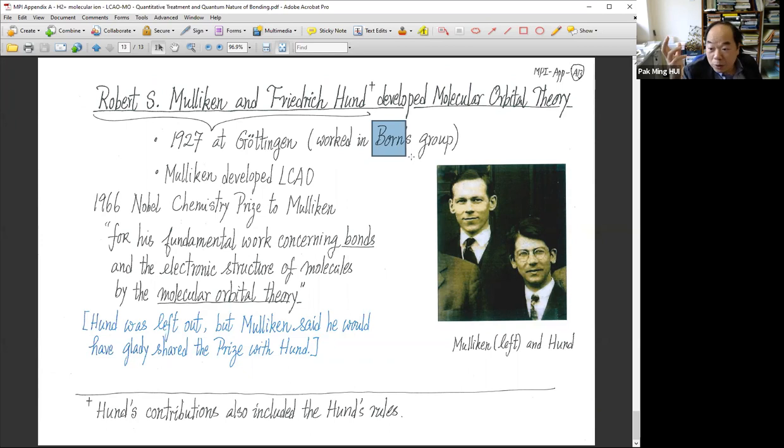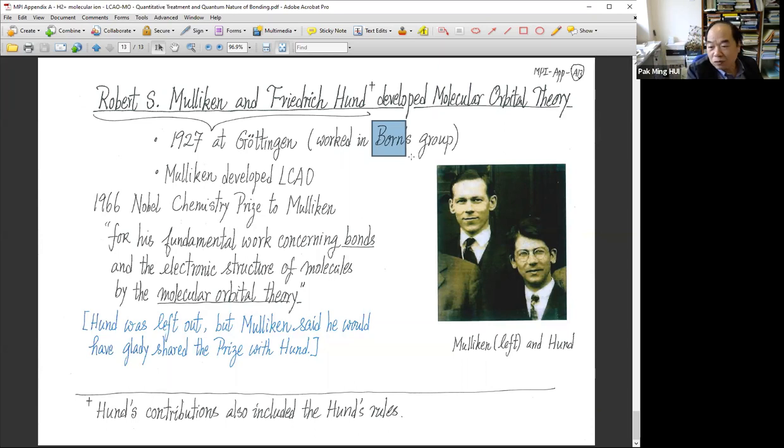And then Heisenberg by himself was awarded the Nobel Prize 1932, 100% of the prize by himself. And then 1933, the prize was awarded to Schrödinger and Dirac, 50%, 50%. And these two Nobel Prizes were announced at the same time. So in 1 year, there was no announcement. The next year, two announcements, including 1932, 1933.